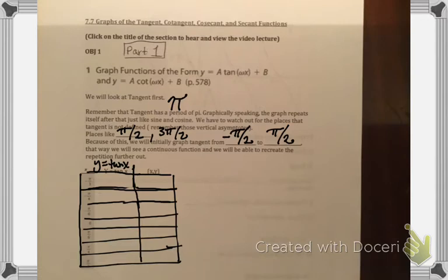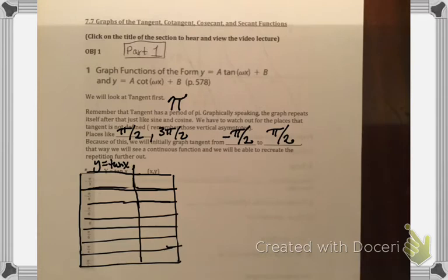The reason why is we want to see a continuous function. So in order for it to be continuous, we have to do it from negative pi over 2 to pi over 2. All right, so we know that at negative pi over 2, tangent is not defined, and at pi over 2, tangent is not defined.